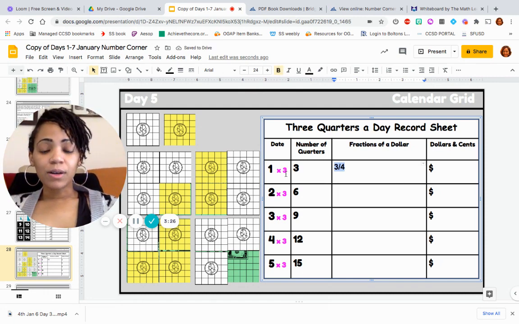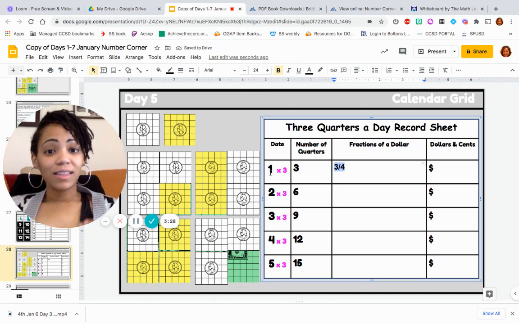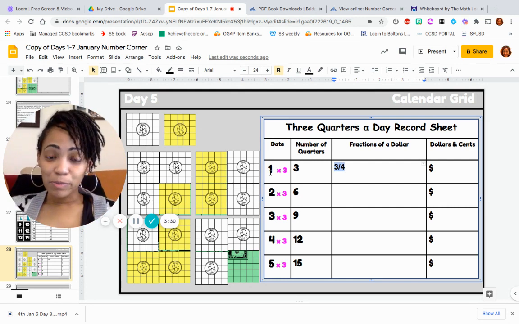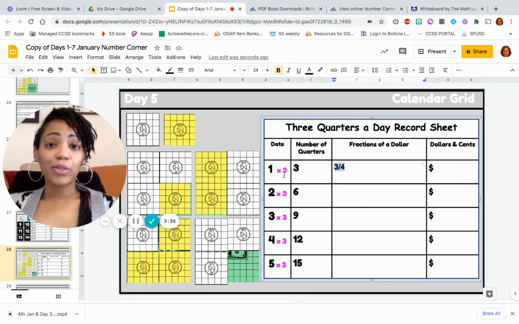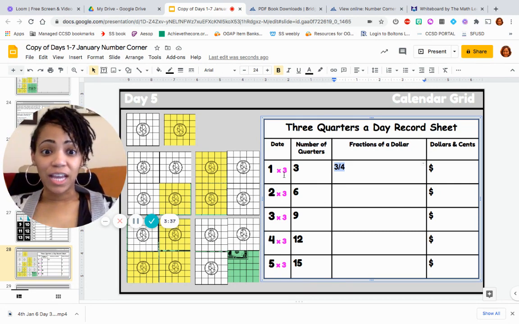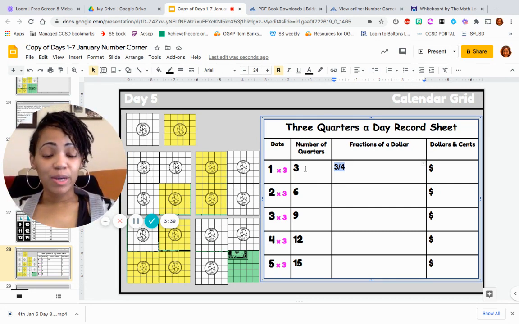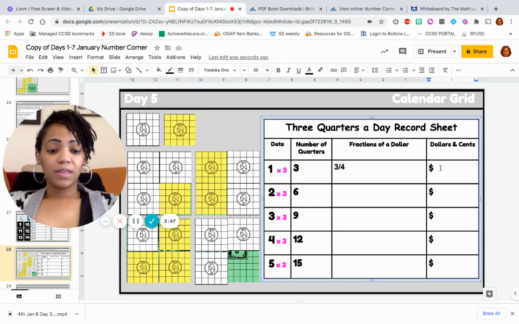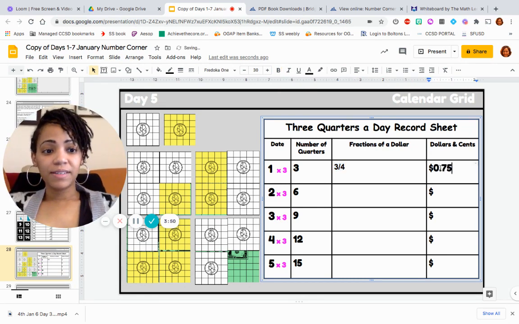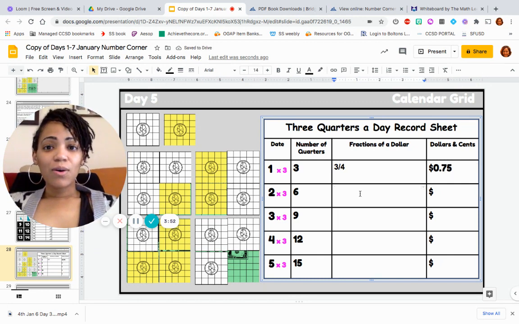And if you notice also here, we're taking the number of days we've been in school so far, and we can multiply it by 3 because we're collecting 3 quarters each day. So for the first day, we have 3 quarters, and we would write that as 3/4. How much money is 3/4 of a dollar? Good, it's 75 cents.